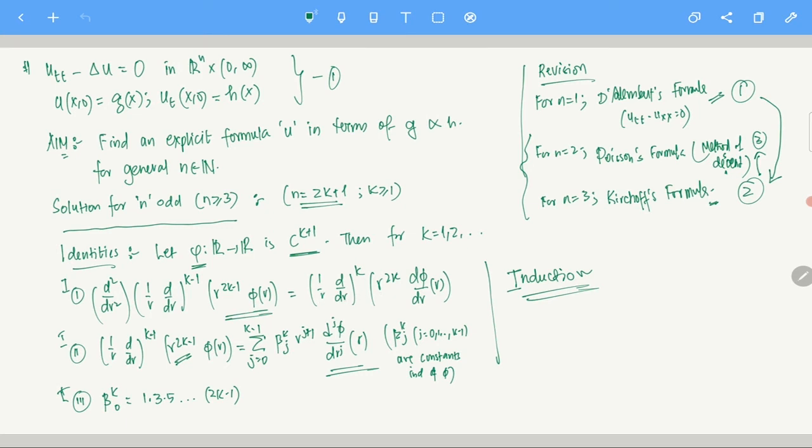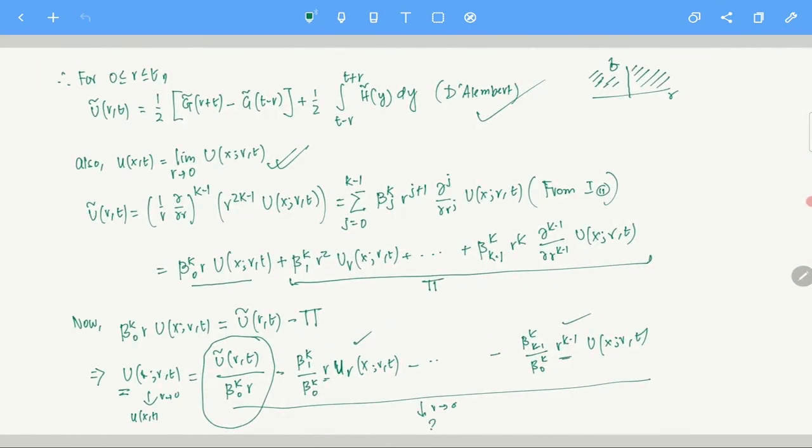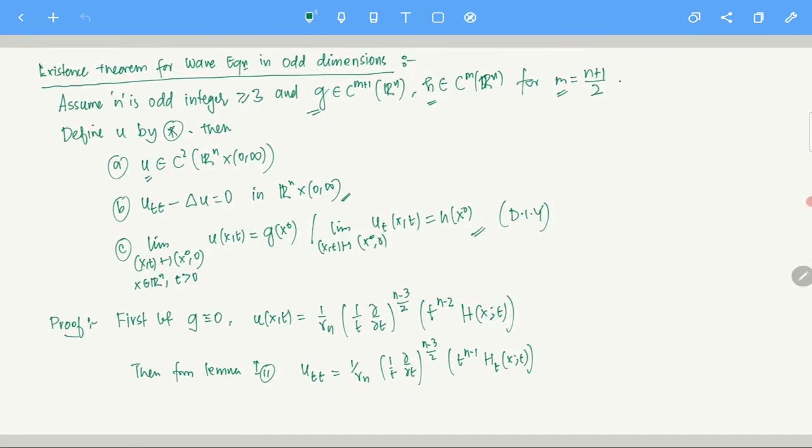So here r is t, essentially 1 by t del t of k r^(2k) del phi del t. That is what I wrote here. Here I just replaced r by t. Clear? Please don't get confused, this is exactly the same thing, I am just replacing r by t.